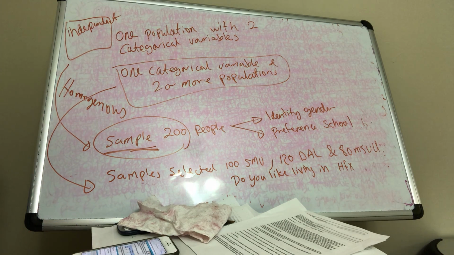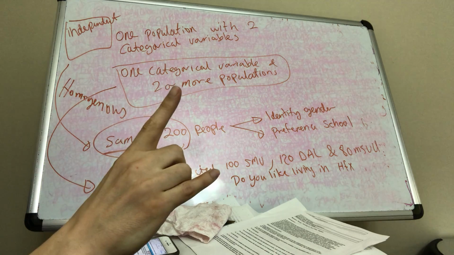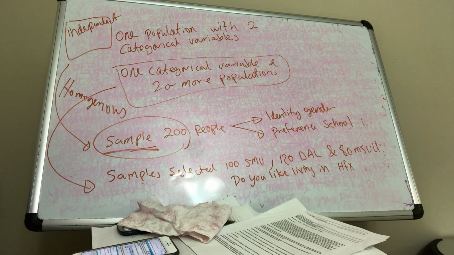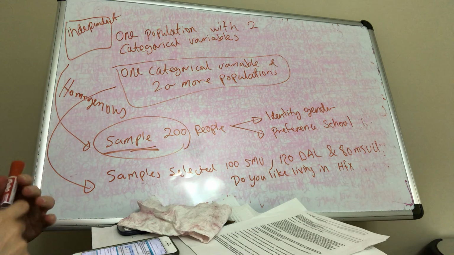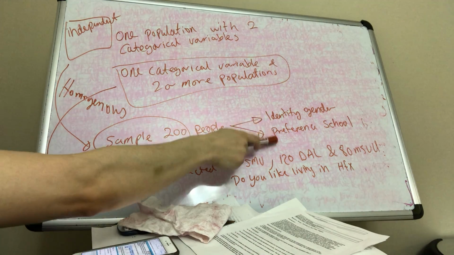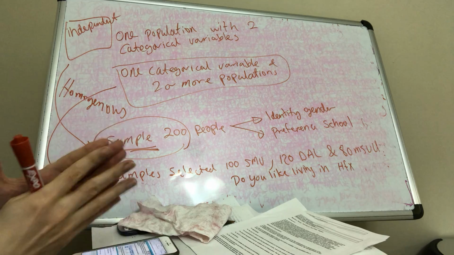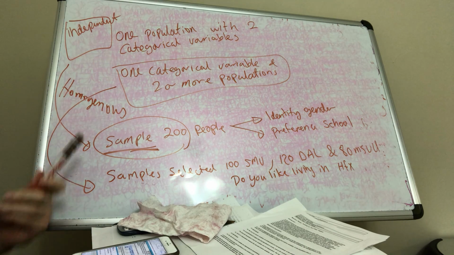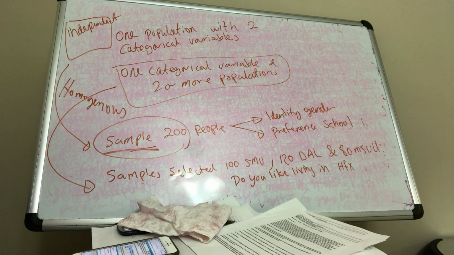The public opinion survey took a simple random sample of 1,000. So you have one sample of 1,000, and they're classified by gender and voting. So you have one sample and two classifications, two categorical variables, so right away that's independent.